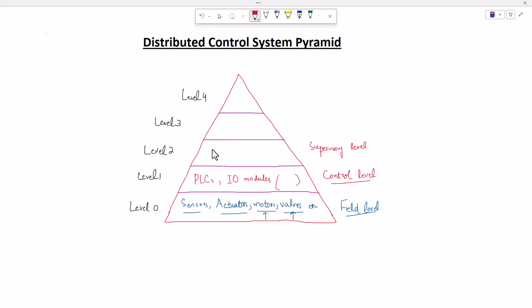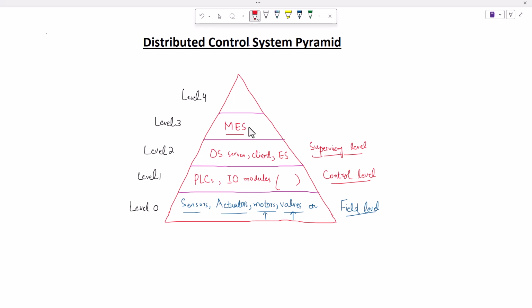So the operator station servers, clients, and engineering stations lie in level 2 of the DCS pyramid. The operators who control the process. One step above is level 3, that is the manufacturing execution system.